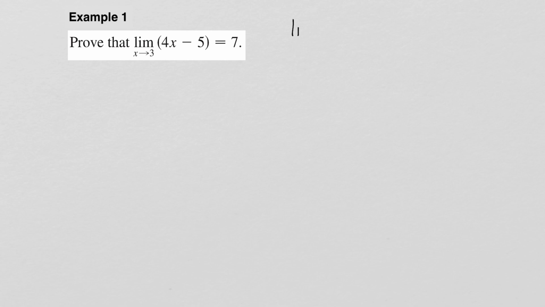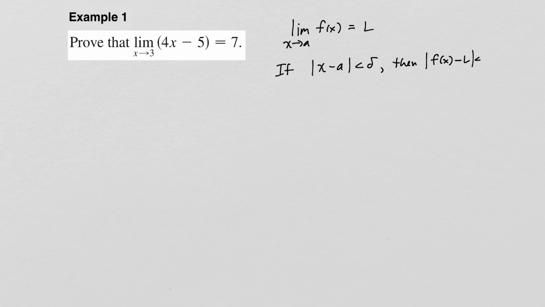So if we have the limit as x approaches a of f of x is equal to L, this is only true if the absolute value of x minus a is less than delta means that the absolute value of f of x minus L is less than epsilon for any arbitrary epsilon.